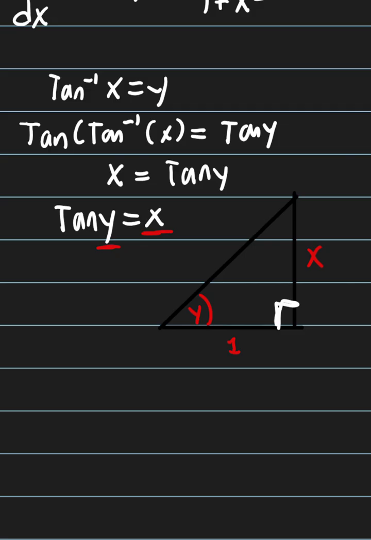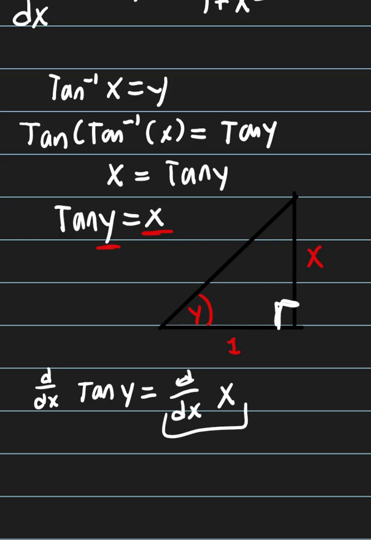Now we have enough information to solve for the derivative. Let's start off. d by dx of tan y equals d by dx of x. As we know, on this side there is no issue because it's with respect to x, so this is equivalent to 1. But on this one, we're deriving with respect to x, but we have tan of y, so it's a little bit trickier.